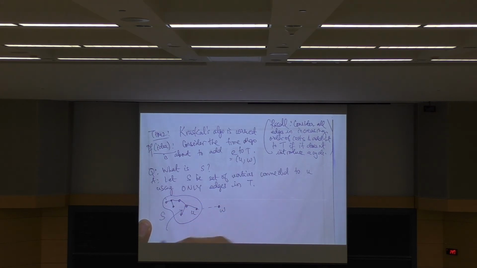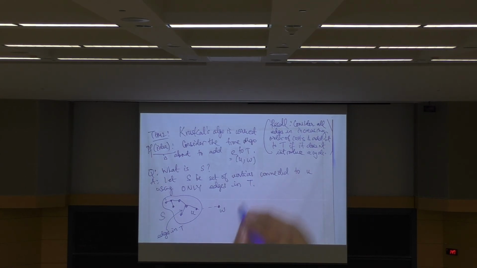Again, u is going to be connected to every other vertex in the original graph G because G is connected. What I'm saying is, no, only look at the edges in T that you have already added so far. Only using those edges, the vertices that can connect to vertex u, that's going to be my set S.